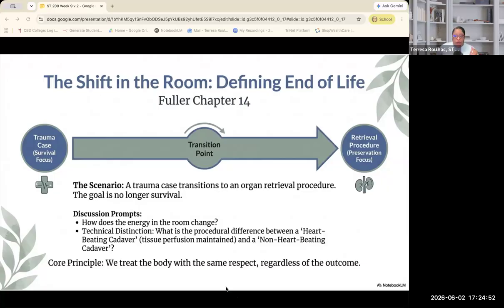So again, a question for you to think about. If you were in that room during a transition, meaning you're in a case and now all of a sudden we have switched from resuscitating to preserving, okay? What would help you stay professionally grounded?